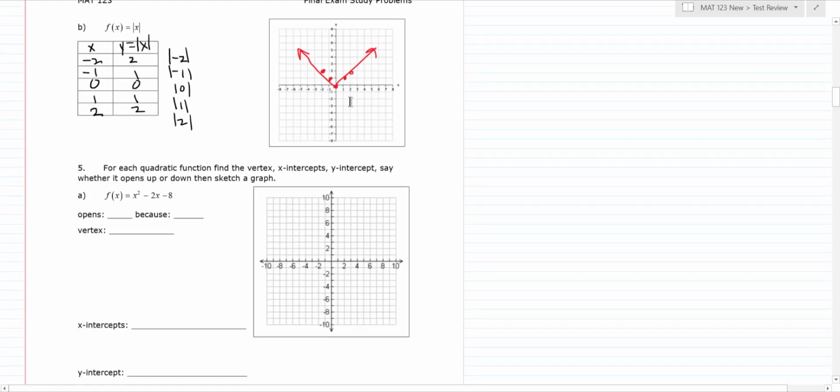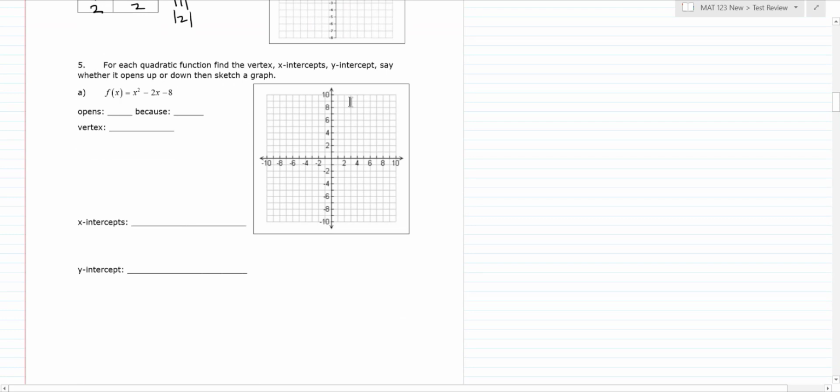Okay, the next thing I'm going to look at is a quadratic function. We're going to look at finding the vertex, the intercepts, and figuring out if it opens up or down, whether it's got a min or max. First of all, what you want to remember is a quadratic function has the structure ax squared plus bx plus c.